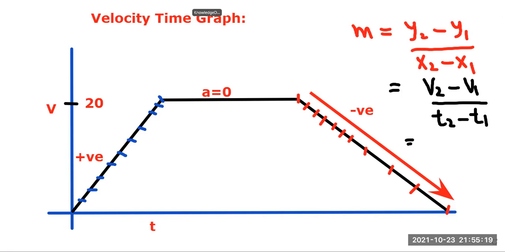So v2 minus v1 is change in velocity, delta v. t2 minus t1 is change in time. So now you can see this is change in velocity with time, and change in velocity with time is called acceleration. It means gradient of velocity time graph gives acceleration.